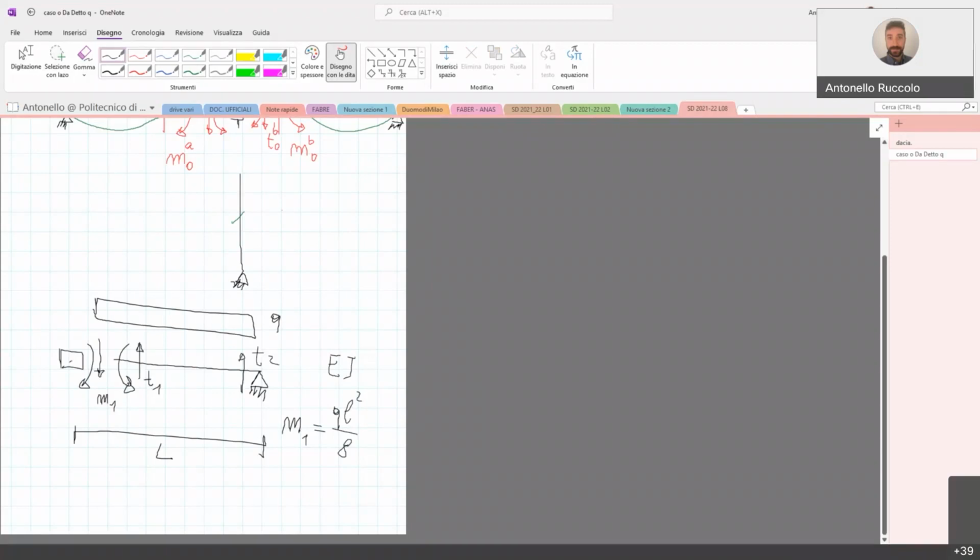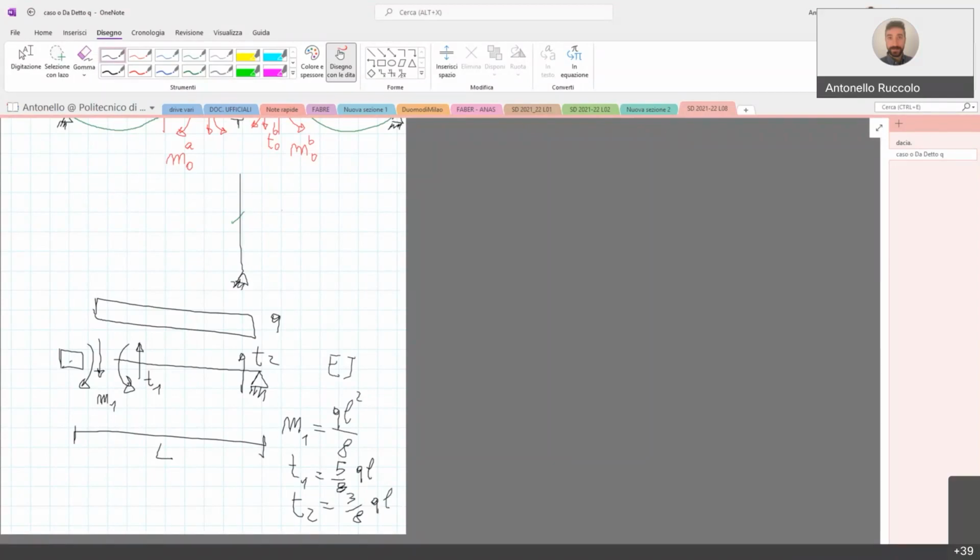T1 is equal, this is T1, I know that nobody would bet on it. A bit better. 5/8 QL, and T2 3/8 QL. Okay.